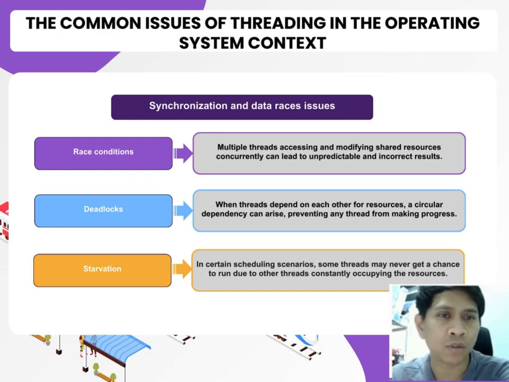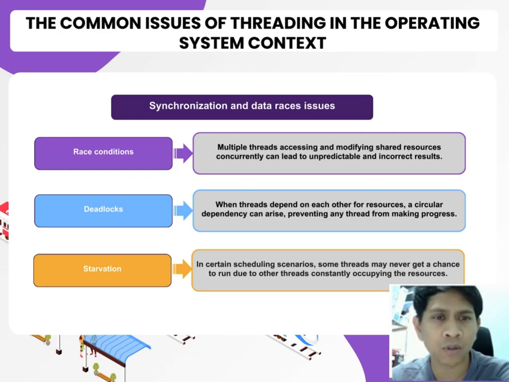First, race condition occurs when multiple threads access and modify shared data without proper synchronization. Multiple threads accessing and modifying shared resources concurrently can lead to unpredictable and incorrect results.